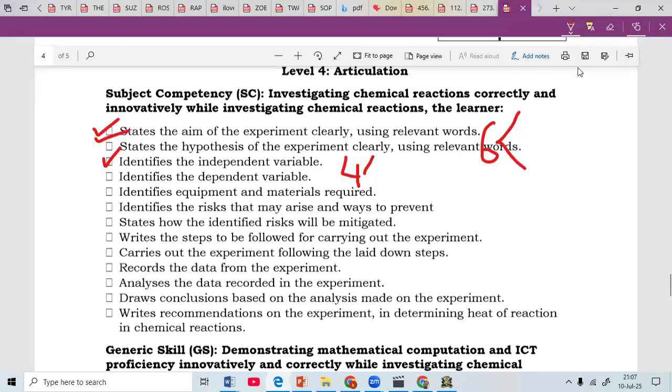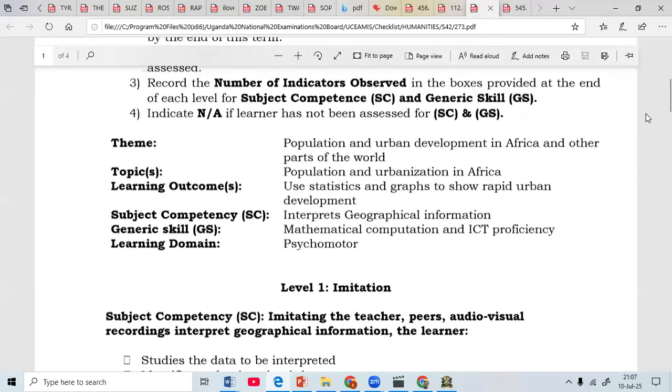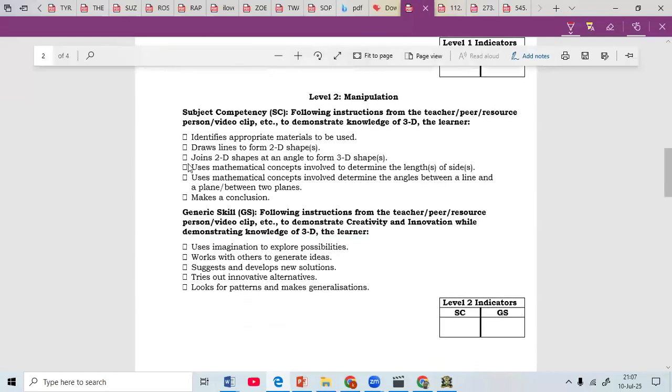So for whatever level you go, we expect that you are going to come and mark what the child can do, keep putting a mark, use your red pen, put a mark, and then after you write here that now those 6 you write. Then for generic skills that the child has been able to demonstrate, you write here that is 3. And then you continue like that, until you finish the activity.